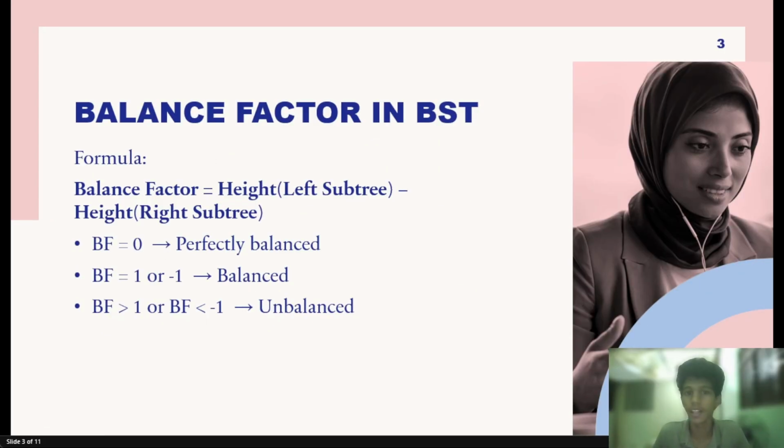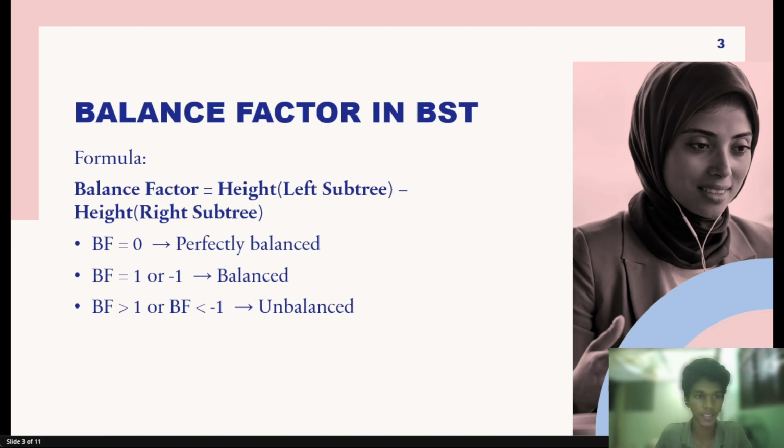Without wasting time, let's understand what the balance factor in an AVL tree is. To determine whether a node is balanced, AVL trees use something called the balance factor. The formula is: balance factor equals height of left subtree minus height of right subtree. If the balance factor is 0, the node is perfectly balanced.